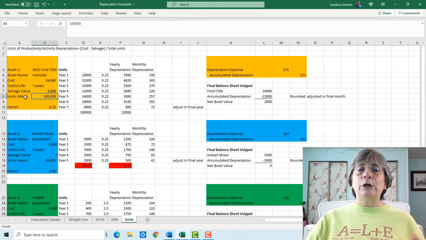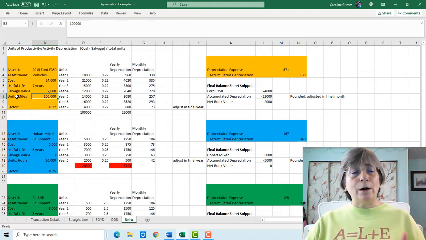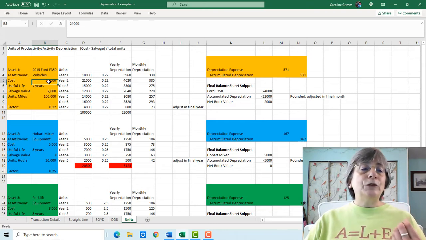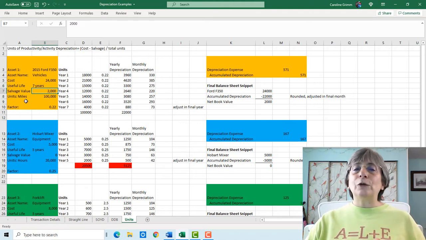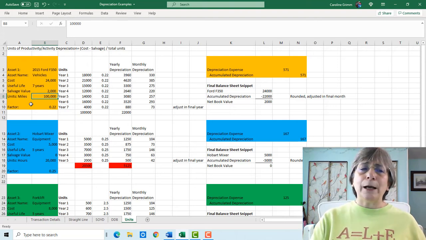Part of what we have for each one of our assets in this example is we have units for each one of our assets. So when we set up our new asset, we said it had a cost of $24,000, useful life of 7 years, salvage value of $2,000, and we have some sort of unit that we're applying to it.